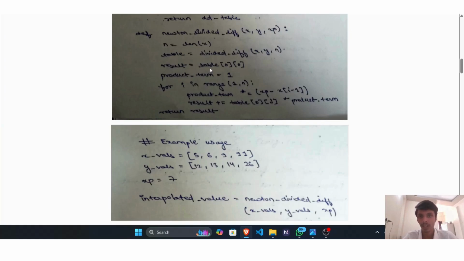The result for now is initialized as table[0][0], and we initialize a product term with 1. Now, using a for loop from 1 to n, we calculate the product term and multiply it with the divided difference table[0][i] value and add it to the result. Then the interpolated value gets calculated in the result, so we return the result at the end.